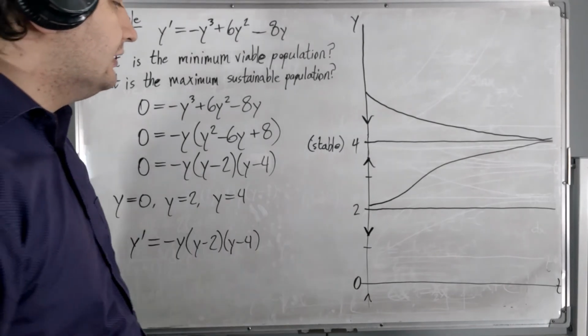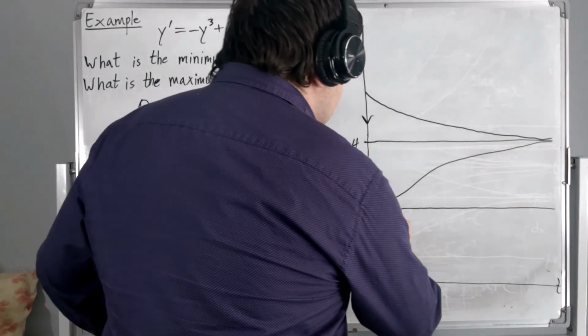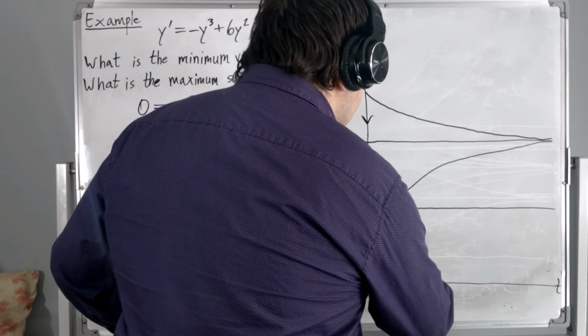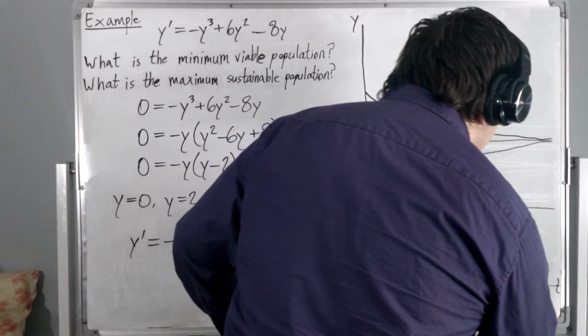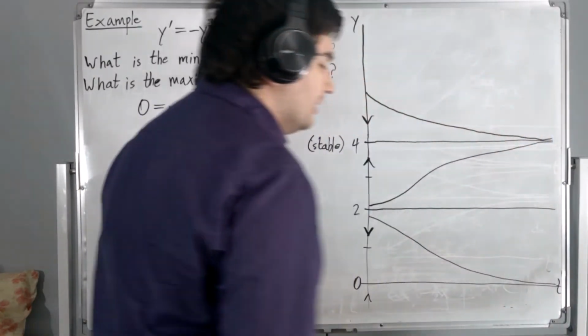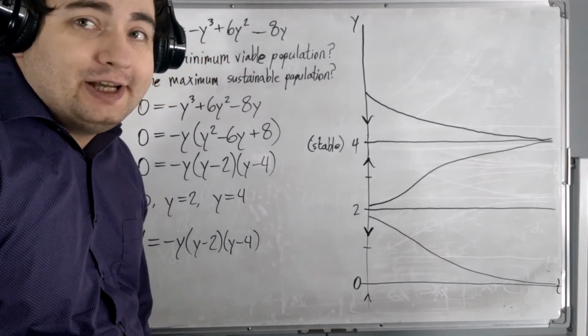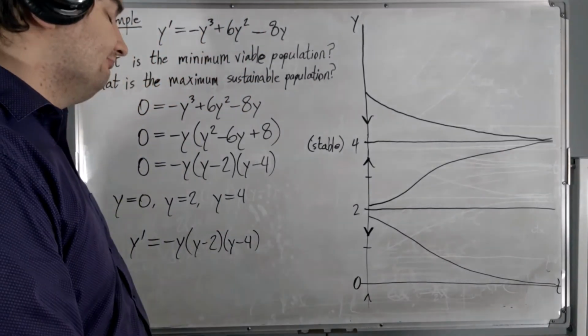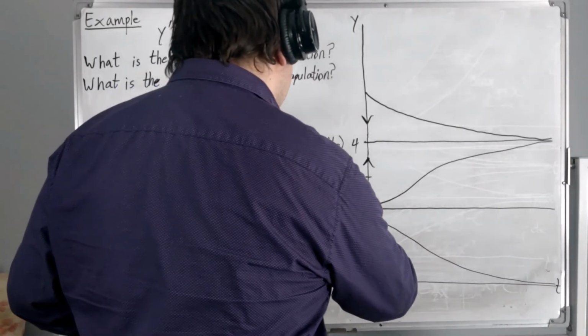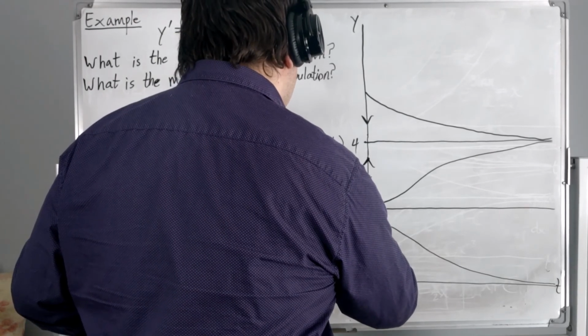And then finally, if it's less than 2, then you're going to get this kind of a thing happening, which leads to extinction. So 2 is an unstable population.